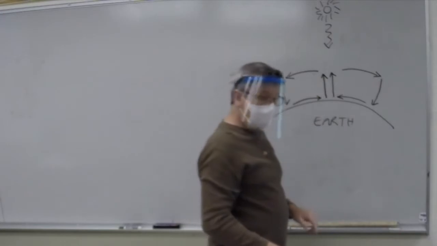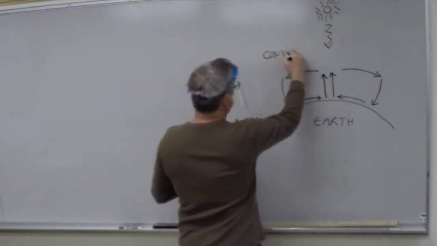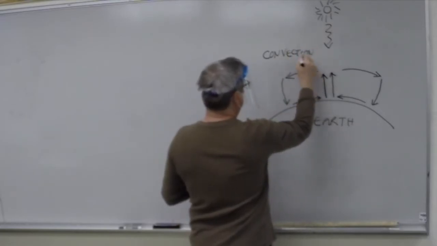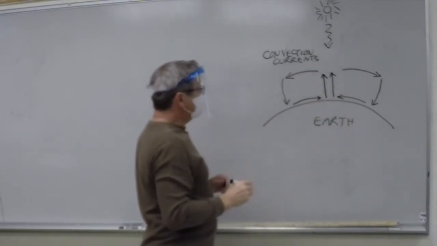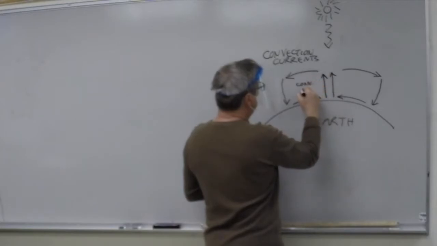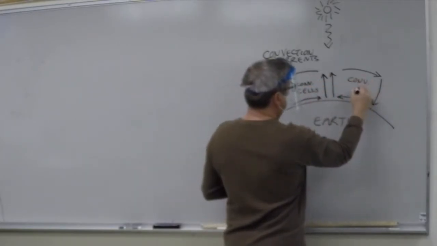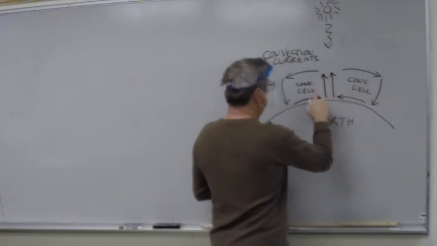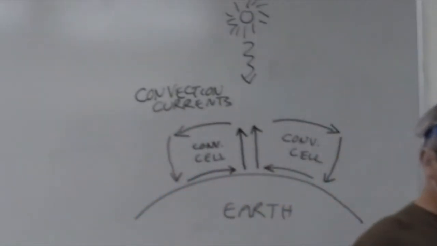Right? And we call these convection currents. And specifically, in the way I've drawn this, we have two convection cells. We have two interlocking convection cells where the air is kind of moving in opposite directions, huh?